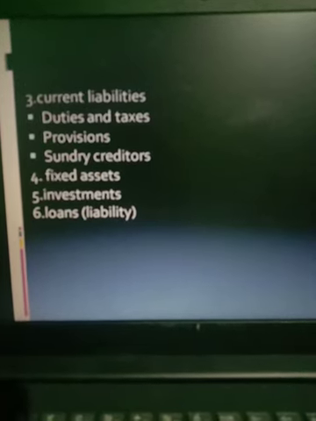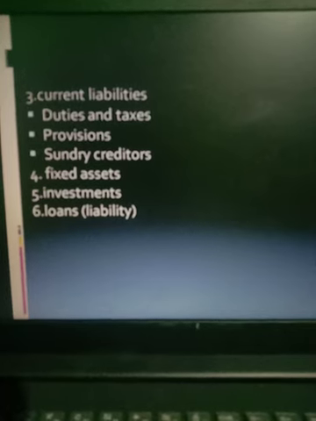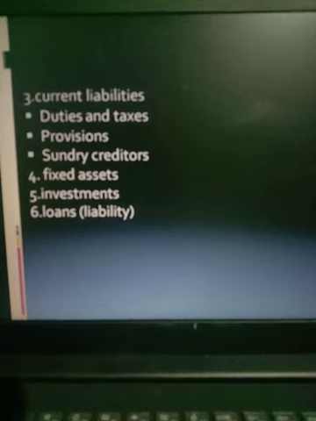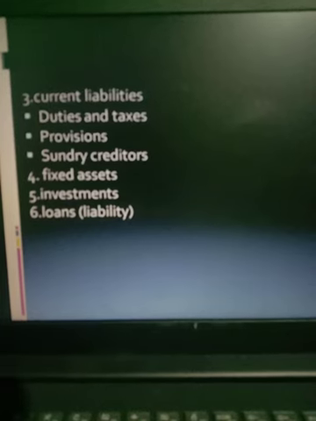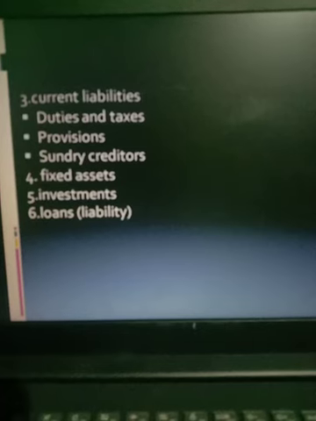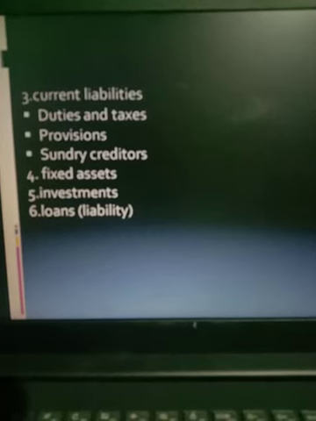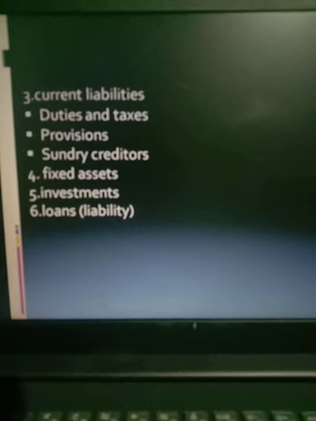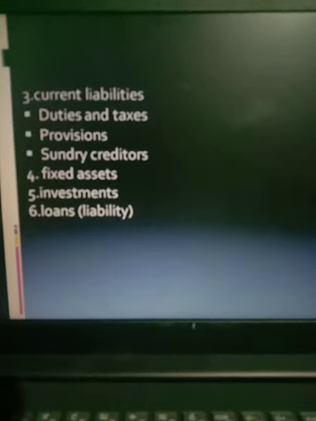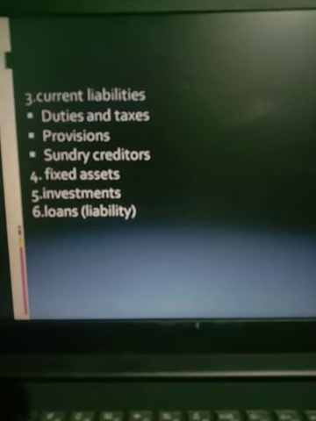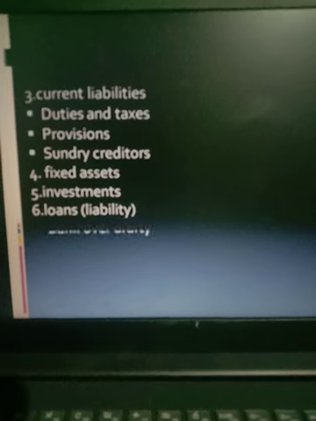Here, loans with liability in brackets means loans and advances received by the company from outsiders. For example, if we receive a loan from the bank, we treat it as a liability because it is an obligation of the company. In future the company has to pay the amount along with interest to the bank.